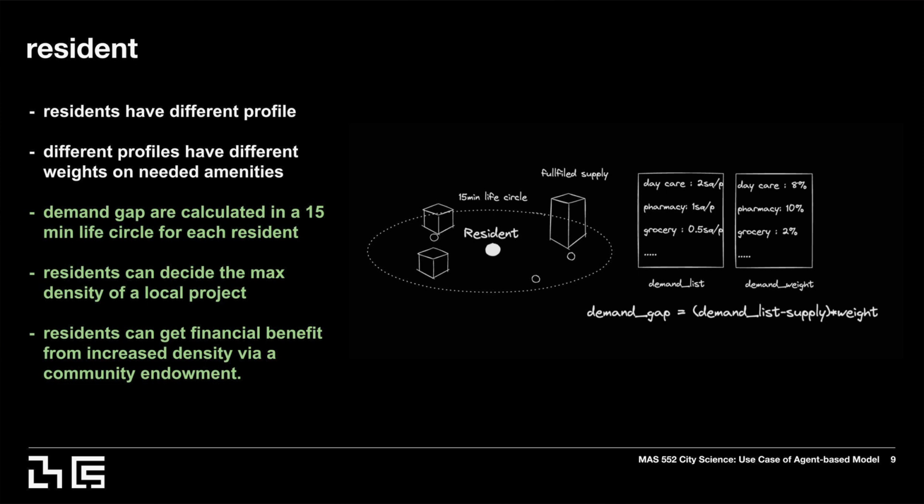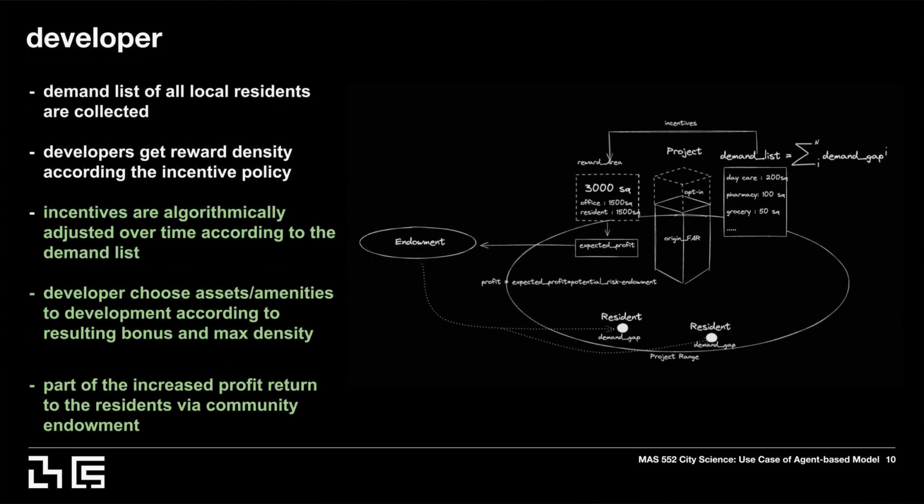A demand gap for each resident is calculated within a 15-minute life cycle, and the residents can decide the maximum density of a local project. Residents can also get financial benefits from increased density through a community endowment, which will encourage them to embrace the changing of the community.